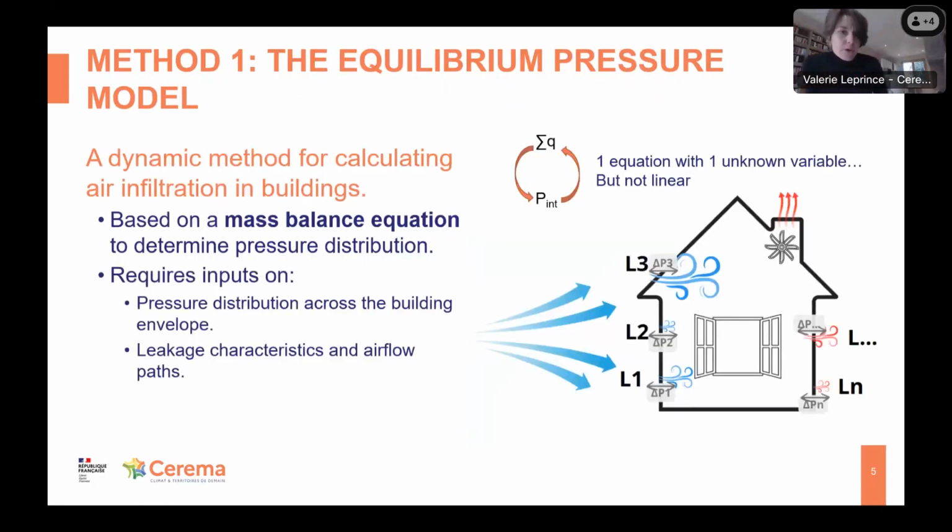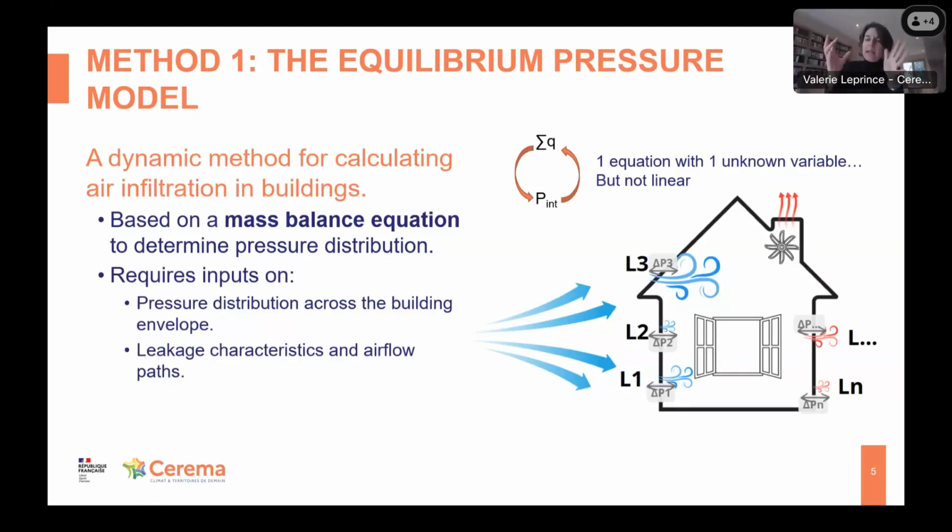So, how does the equilibrium pressure model work? Basically, it's based on the mass balance equation: you will have as much flow rate going in as flow rate going out. The mass flow rate in and out will be the same because the building will not implode or explode.